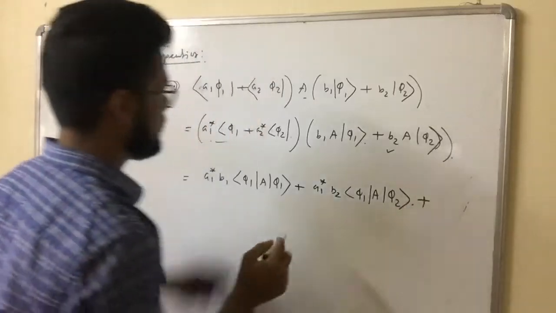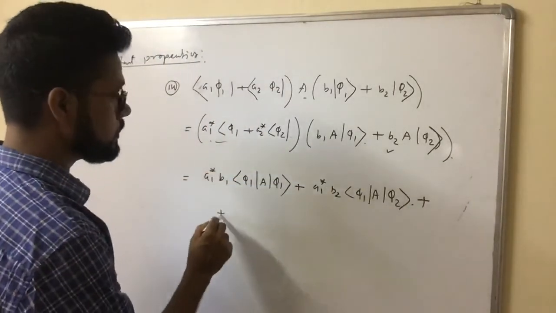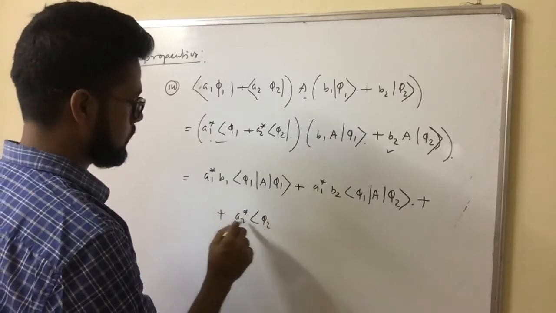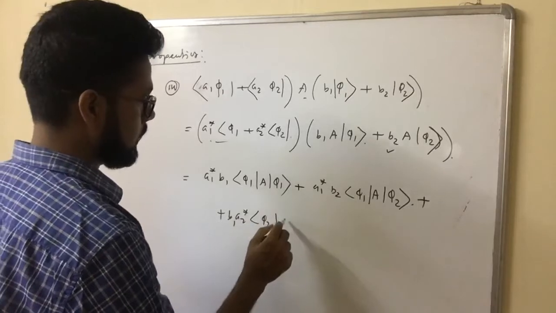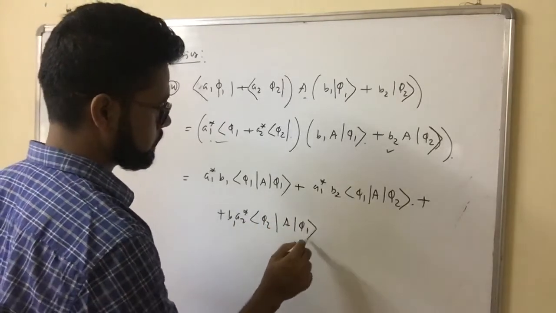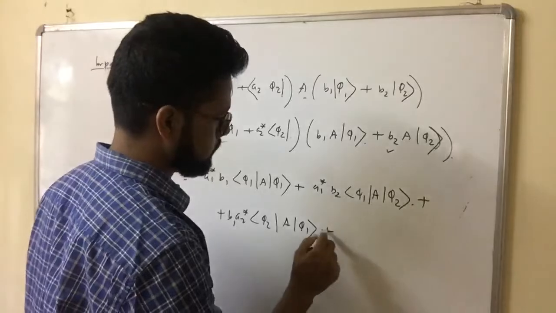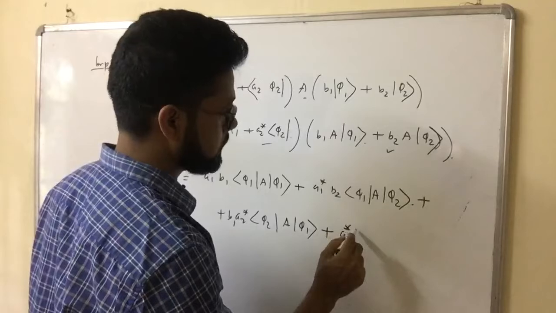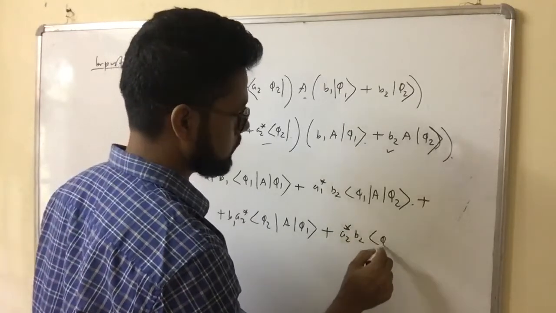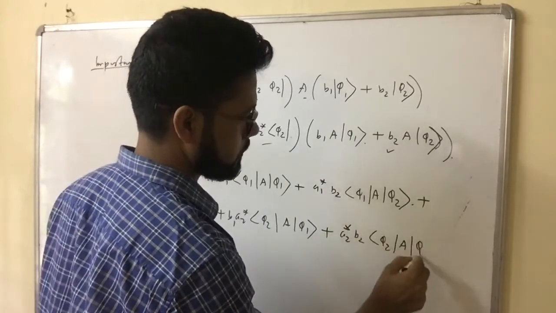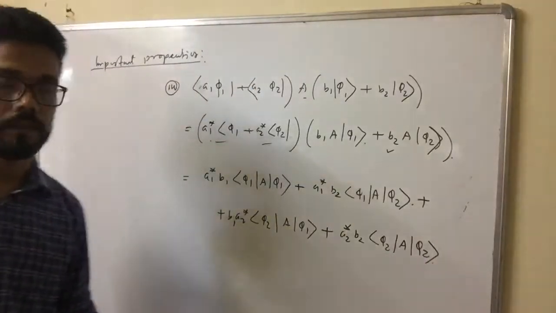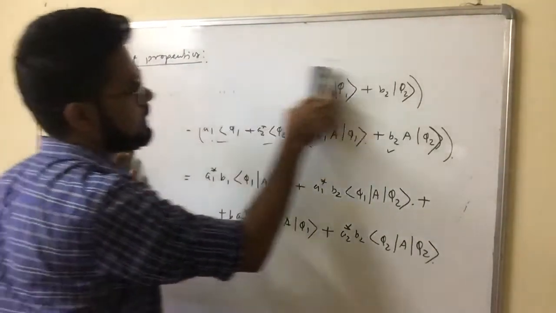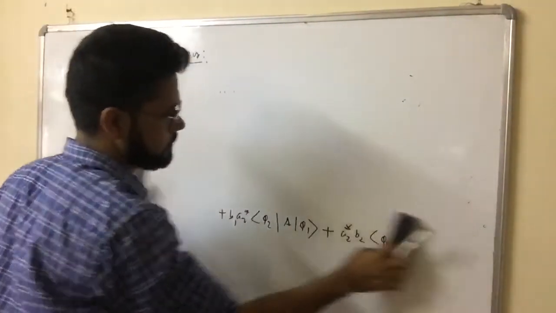Similarly, plus this term with this term, a2 star b1, phi 2 A phi 1. And then this term with this term, a2 star b2, phi 2 A phi 2. This way you have to take the product. I hope you understand.